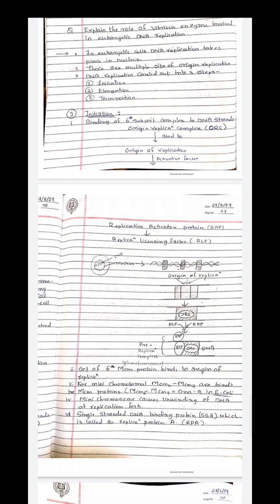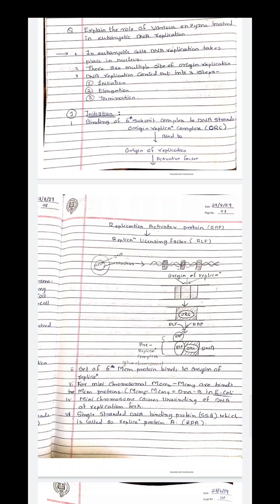These 2 factors are produced and they are attached to the ORC regions. Then the set of 6 minichromosome maintenance proteins binds to the origin of replication. The minichromosomal proteins MCM2 to MCM7 bind and form the MCM complex.